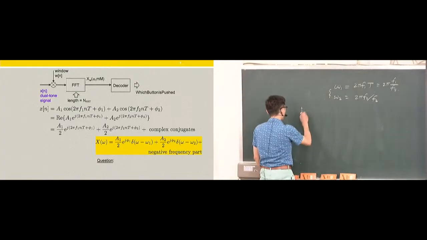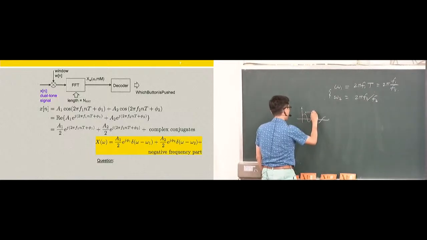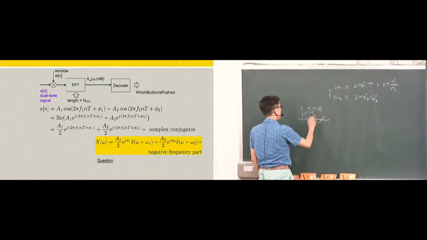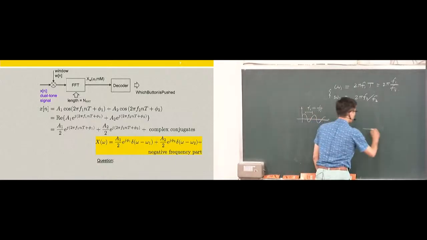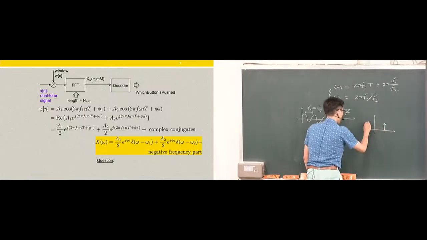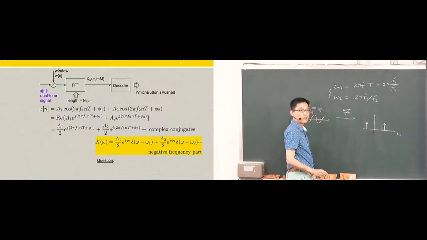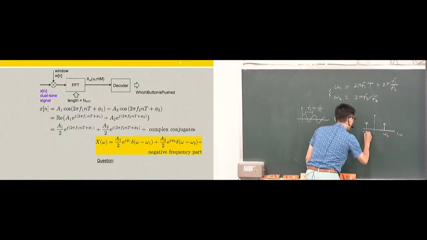You have a pure tone in time with frequency f0 equals 1 over its period. Single tone, so that when we go to the frequency domain using DTFT, you expect there's one component right here, another component right there in the omega domain, where you should expect omega 0 and minus omega 0.